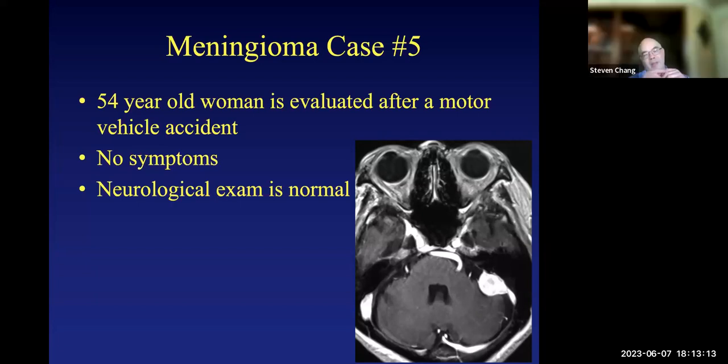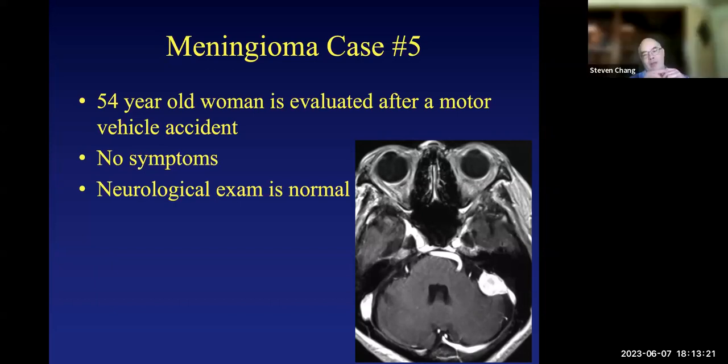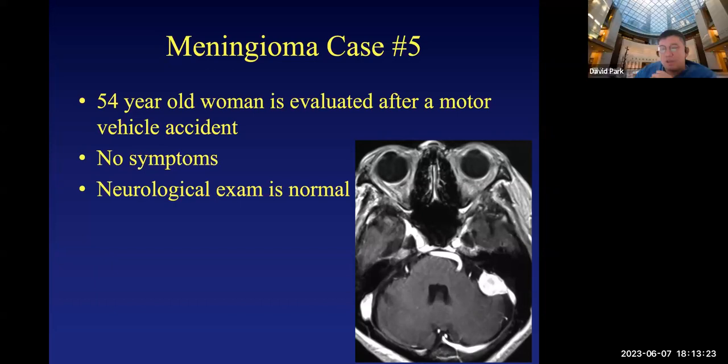Hey, David, comments? Not really at this point. What would you recommend to the patient? So I think all options are quite feasible for this patient. The patient is asymptomatic, and compared to the first case, although the size seems quite similar, there is more space between the cerebellum and the tumor.